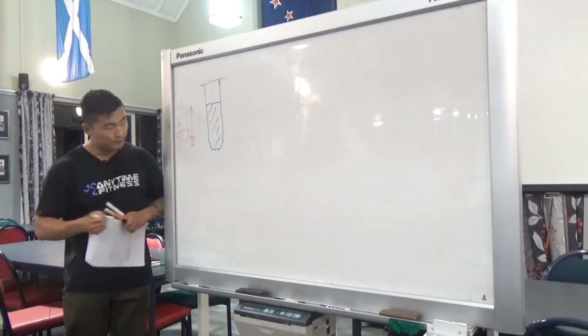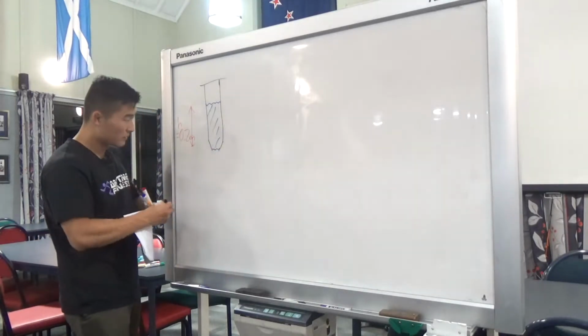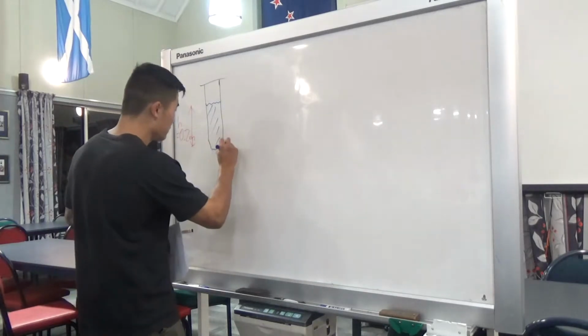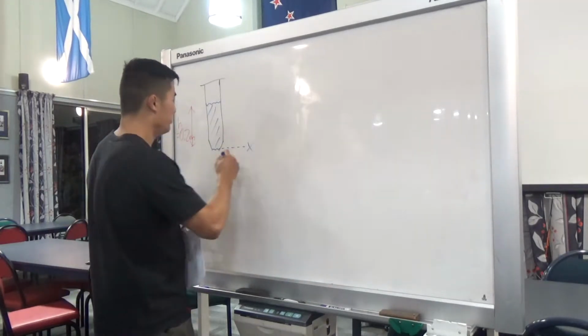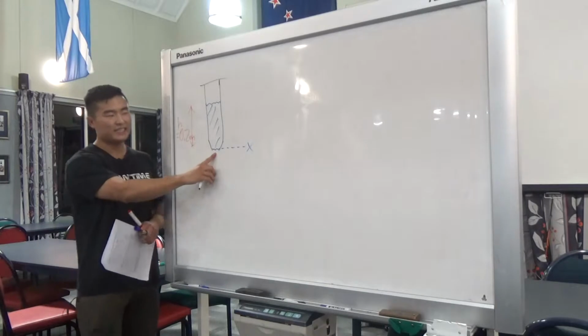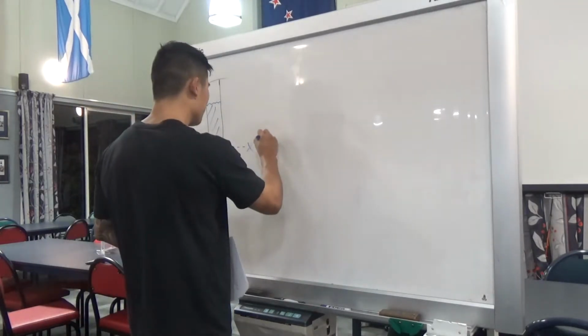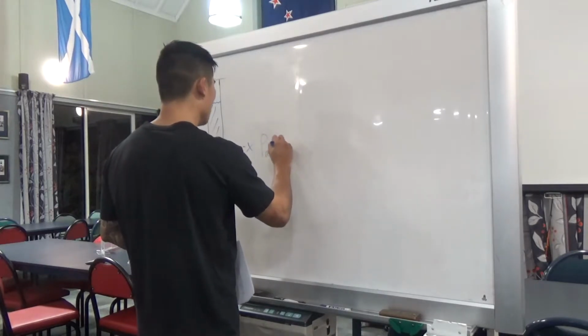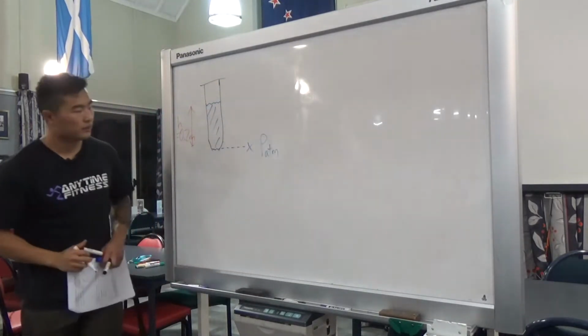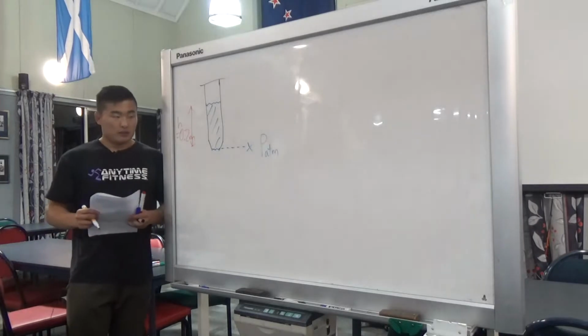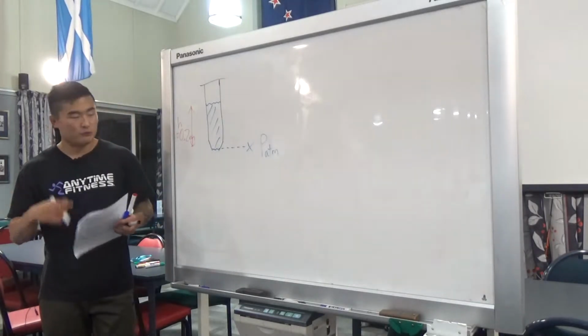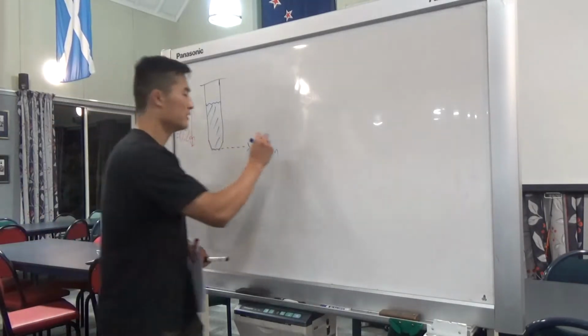So the pressure at this point here, at this height, will be equal to the atmospheric pressure. Okay? Which is 101 kilopascals.